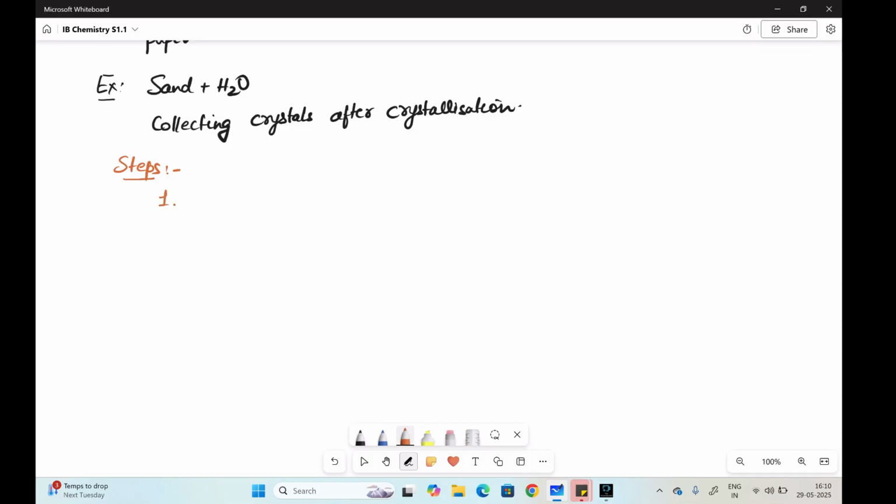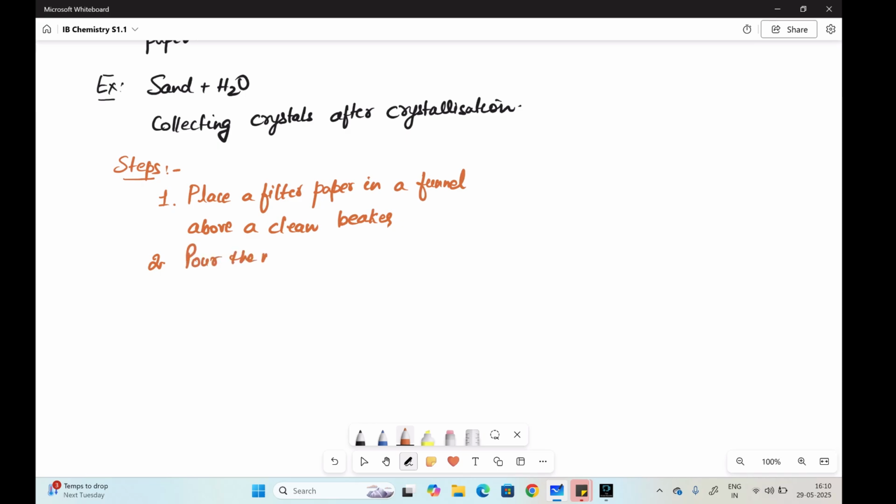First, you have to place a filter paper in a funnel, right? And this should be above a clean beaker. Second step, you have to pour the mixture into the funnel.